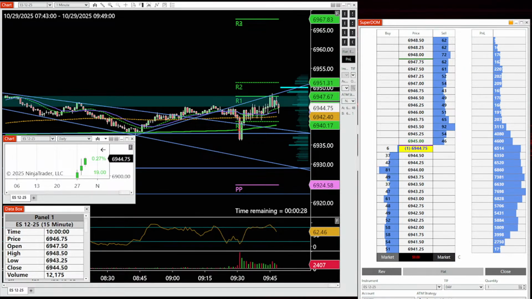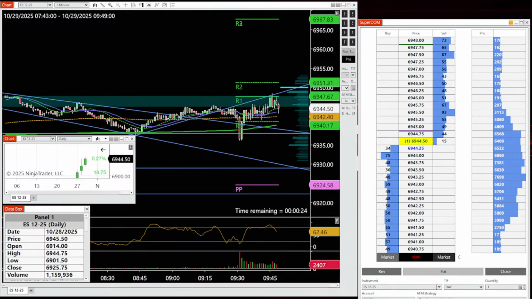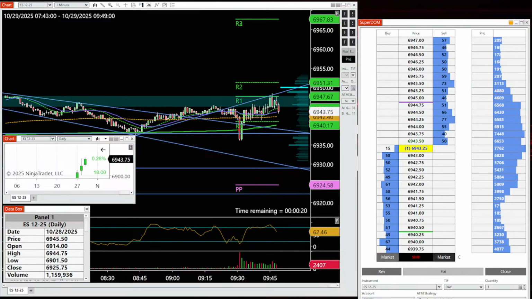Back below. Still testing for back below the previous day's high.